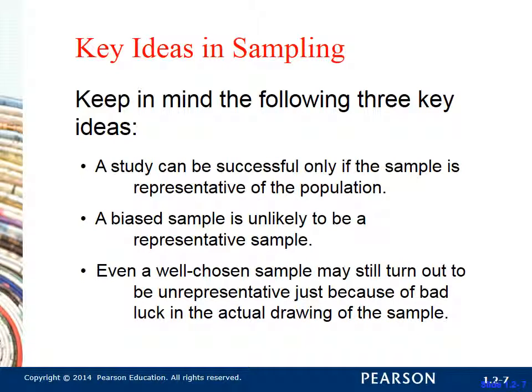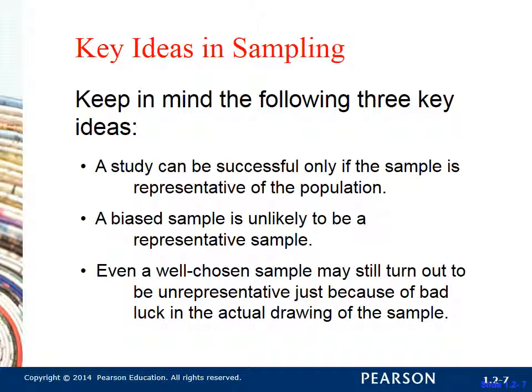The last thing is, even a well-chosen sample could still turn out to be unrepresentative just because of bad luck in the actual drawing of the sample. Who knows, maybe there was a flu epidemic going on one day, so a whole bunch of people were missing from school, and so the sample you got wasn't a really good representative, or maybe there was a field trip.